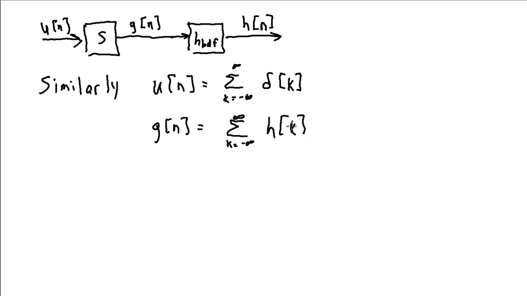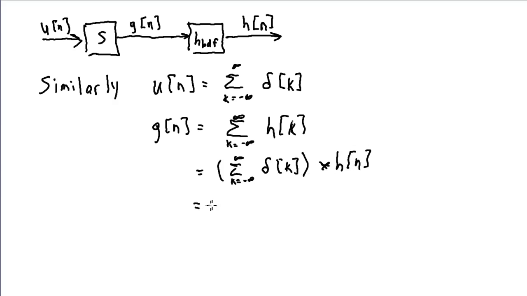So I can obtain the step response by doing this summation over h of k. And this is invoking linearity. And I can write this as the sum from k equal minus infinity to infinity of delta k convolved with h of n.